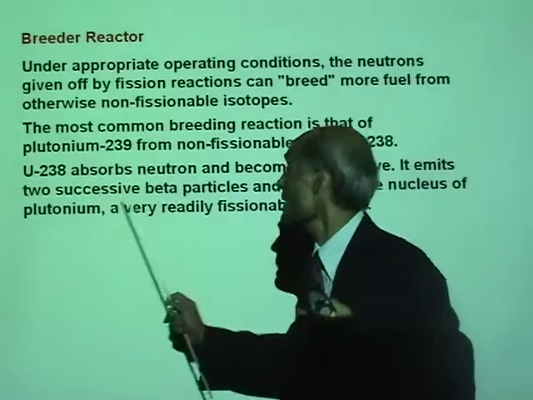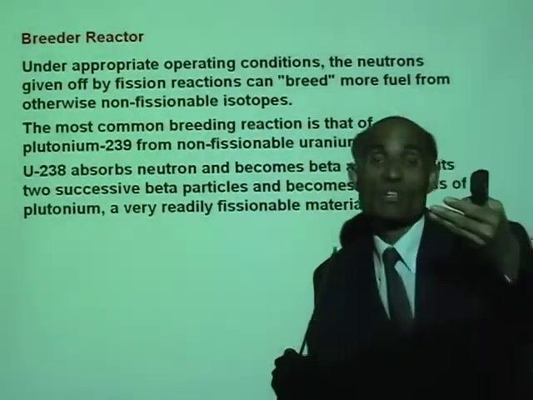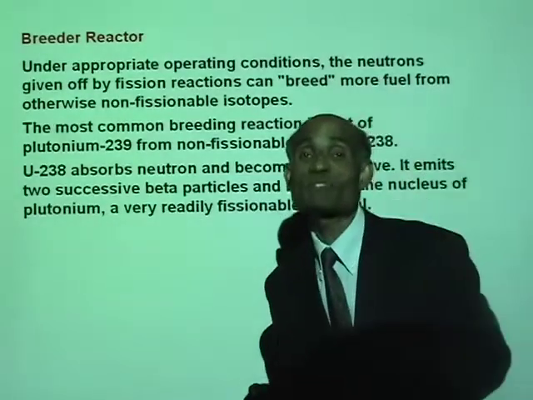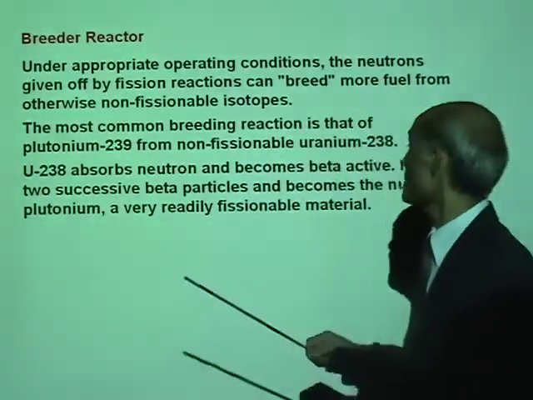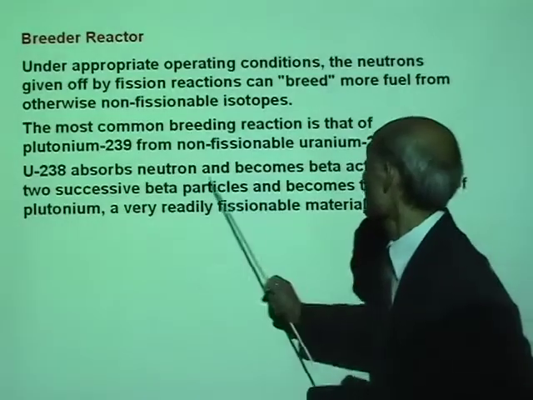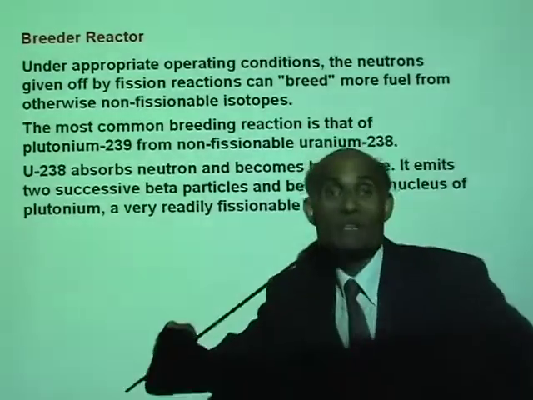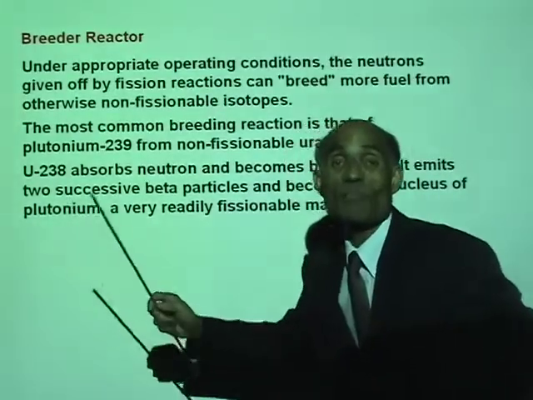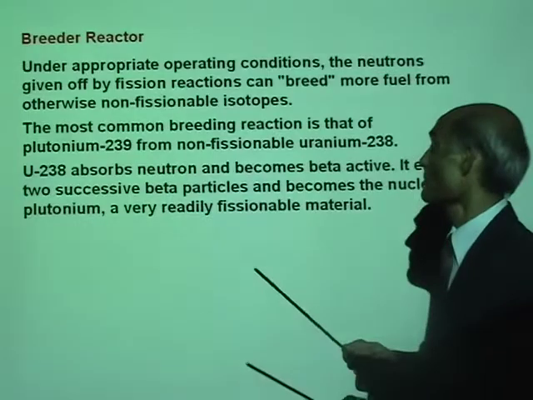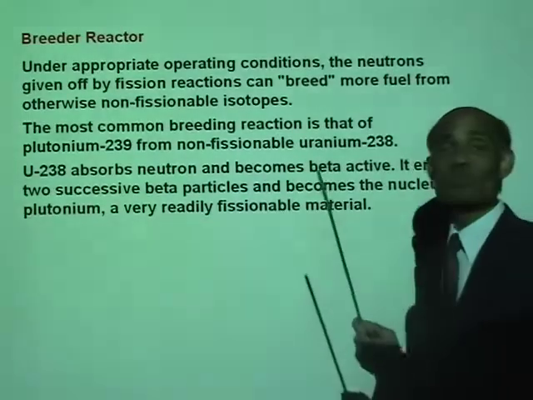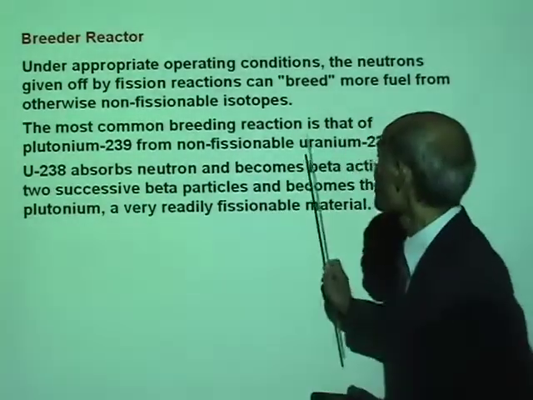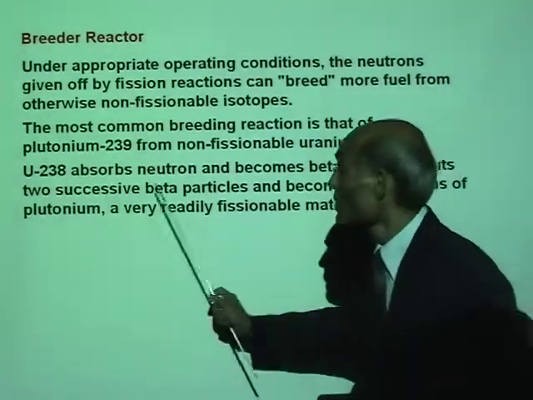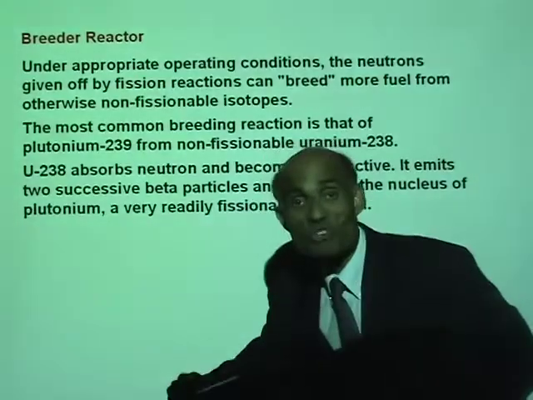As a result of a beta radiation, it now becomes an element of atomic number 93. Then that will emit another beta, which will give plutonium of atomic number 94, and that is a readily fissionable material. You see? So using a non-fissionable material inside the reactor, we can now produce a fissionable material.